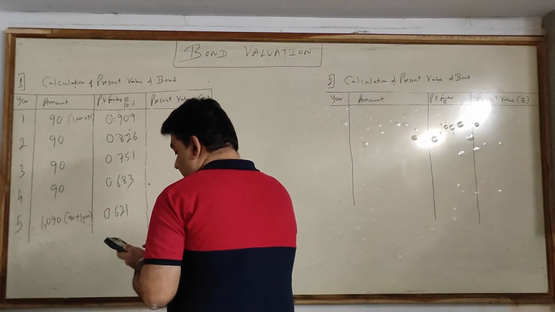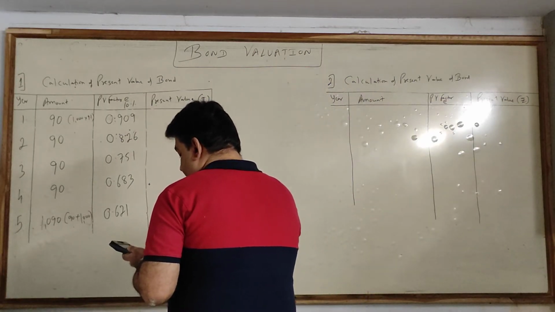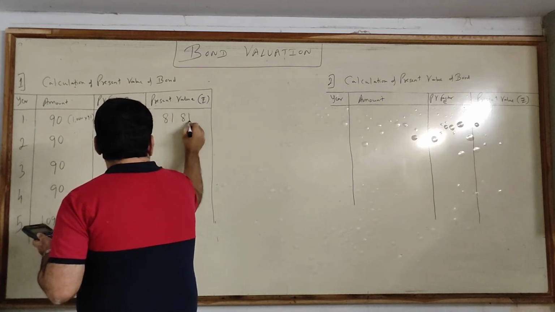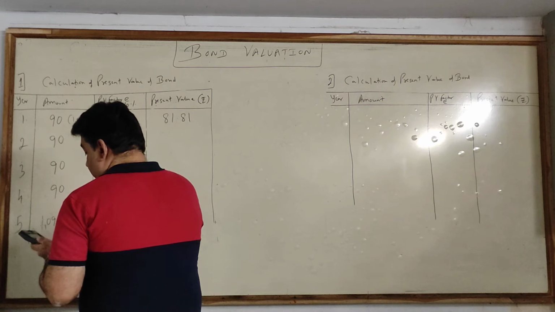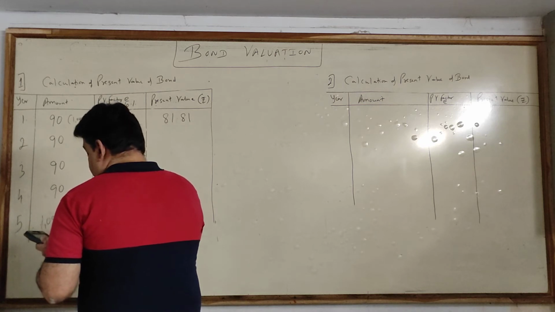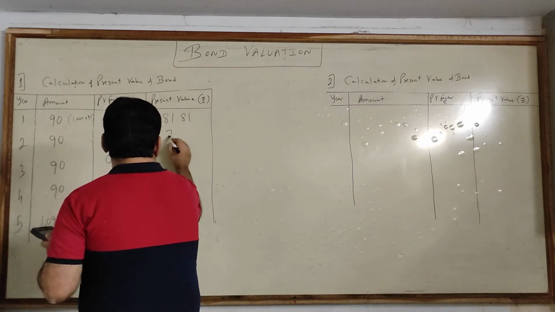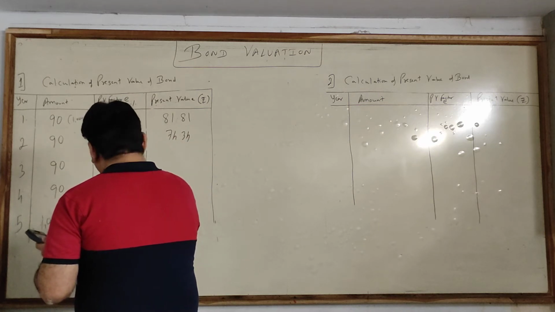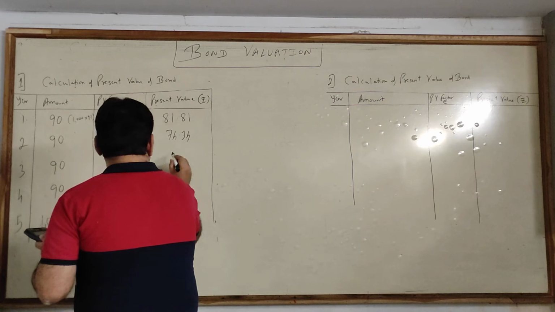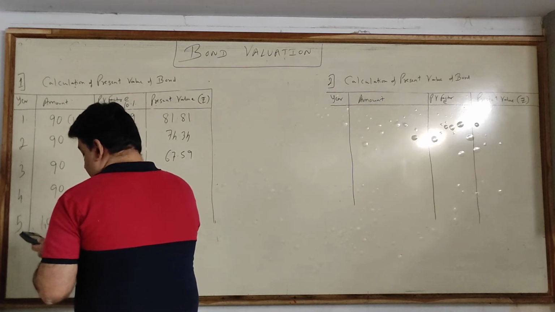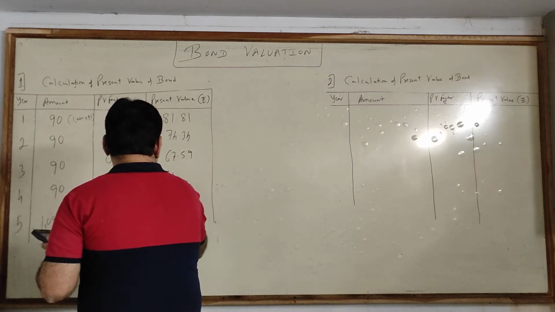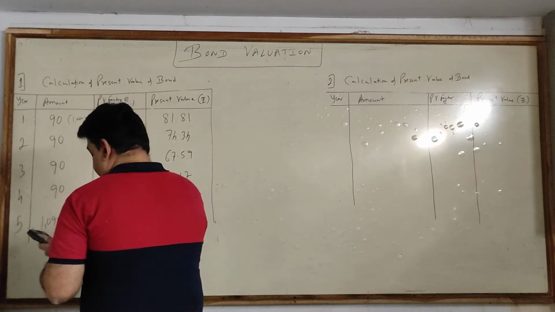Let's do 90 into 0.909, then 90 into 0.826, 74.34, then 90 into 0.683, 61.47.